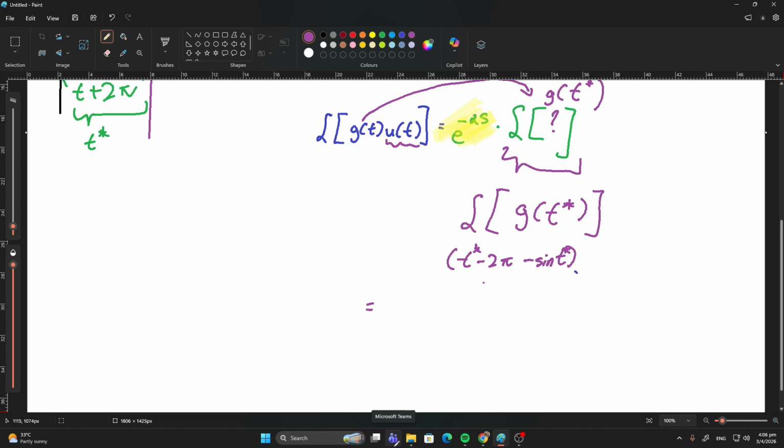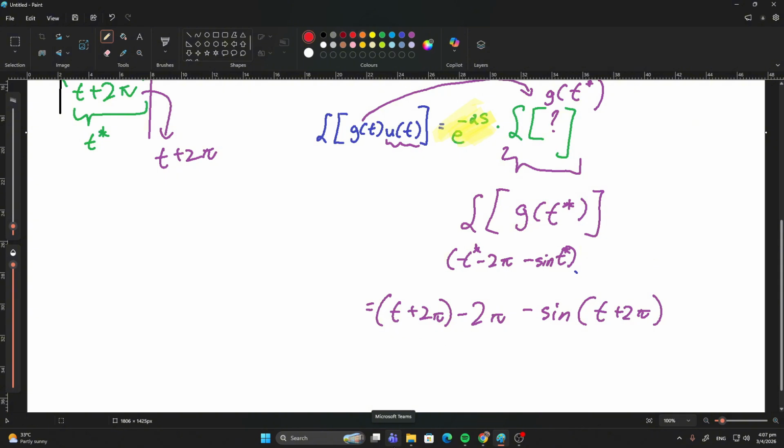Okay, and since I know that my t abstract is t plus 2 pi, I'm going to sub it in, because at the end of the day I'm still doing my working with respect to t, not t abstract. So if I were to sub it in, it becomes t plus 2 pi minus 2 pi minus sine of t plus 2 pi. Okay?